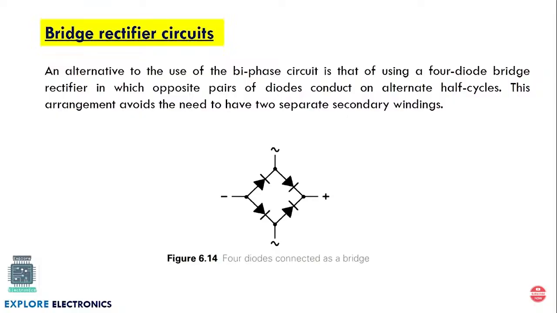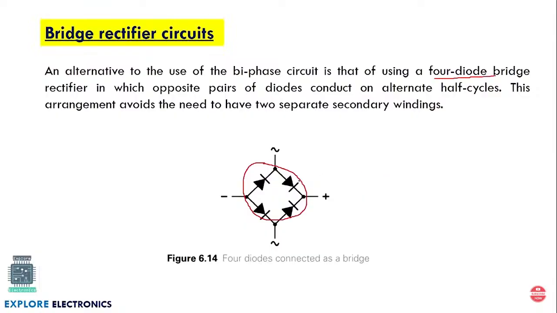It works the same as a full wave rectifier, but we have a bridge kind of arrangement of diodes to get the pulsating DC output. It is called a bridge rectifier circuit. It consists of 4 diodes connected in a bridge fashion. So the diode arrangement will be like this.